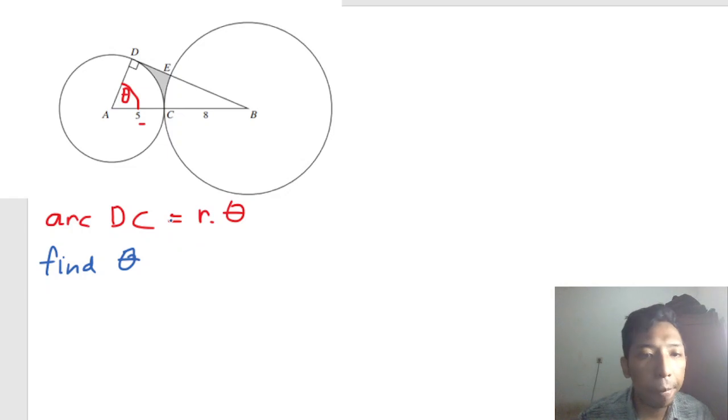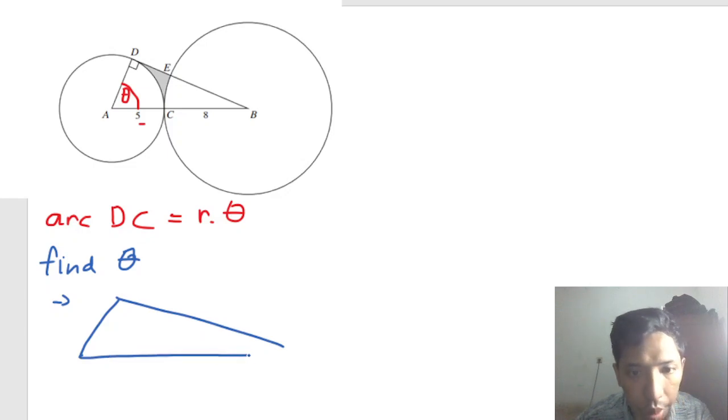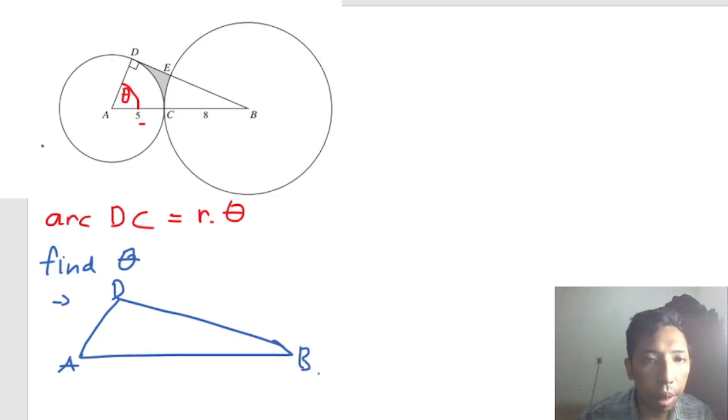Some clue: because this is a triangle, it's better if we find the length of each side of the triangle first. This is D, this is A, this is B. From A to B is 5 plus 8, so this becomes 13. AD is a radius, so obviously this is also 5.